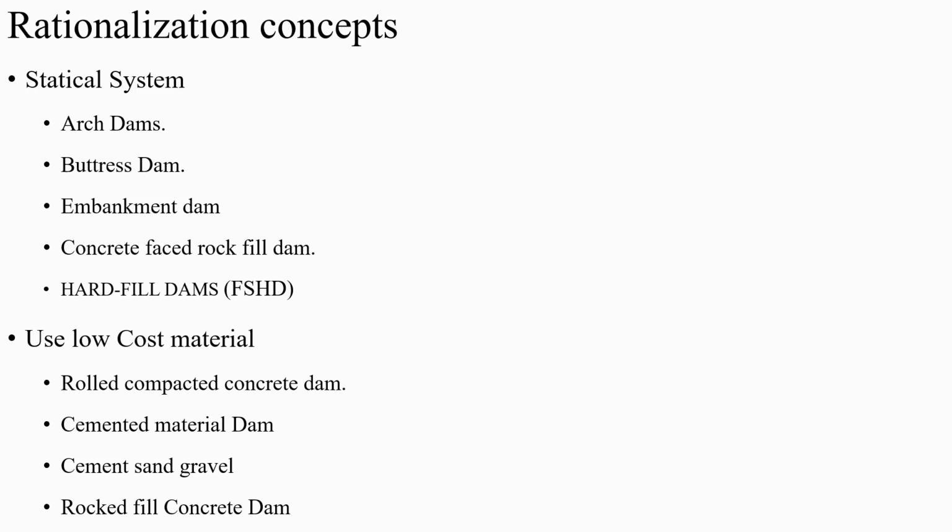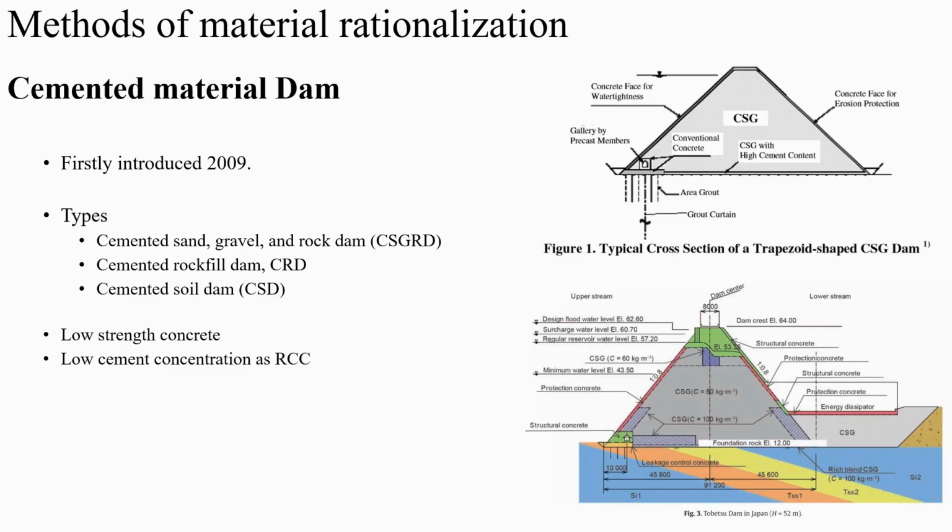On the other hand, especially for the gravity dam, designers think about using low cemented concrete as roller compacted concrete instead of conventional concrete, and it covers cemented material, cemented sand gravel and rock fill concrete dam. In a fast review, the cemented material dam was first introduced in 2009.